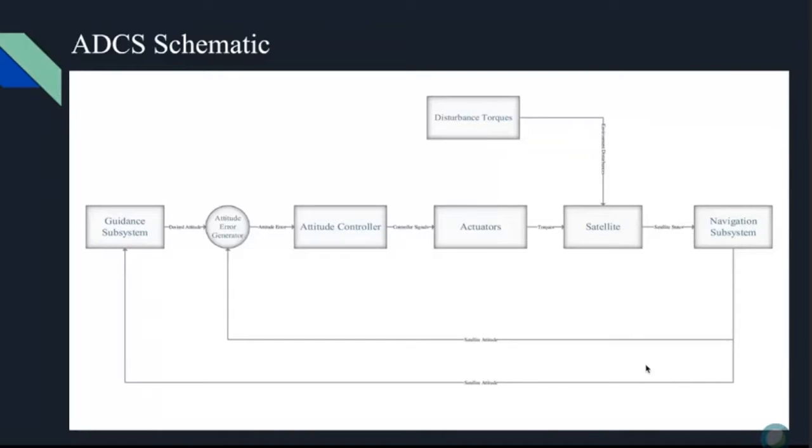These equations will produce the satellite states, which will be fed as input into the navigation subsystem block, and this will output the current satellite attitude, which will go back as feedback to the input to compare it with the desired attitude. Okay, next slide.